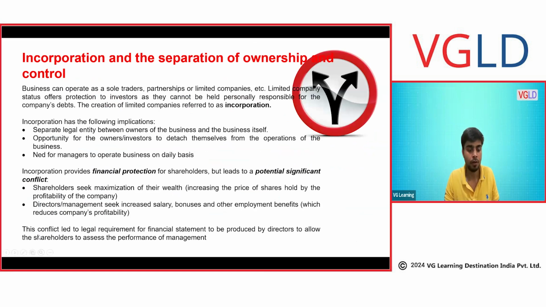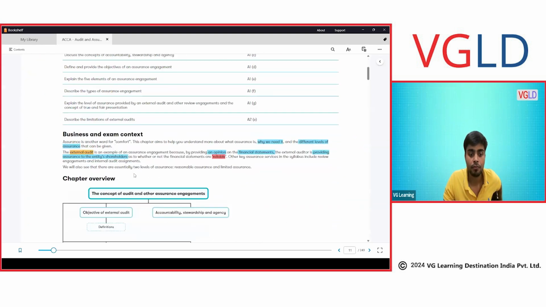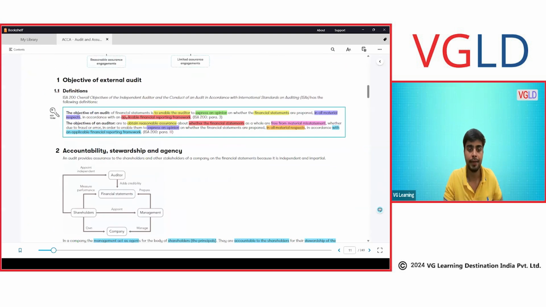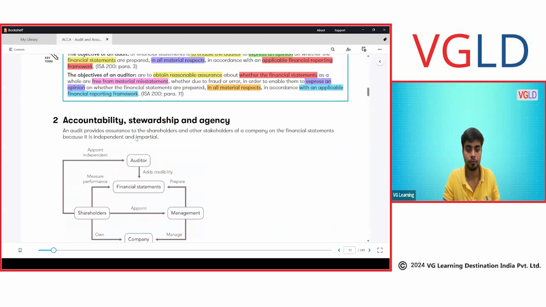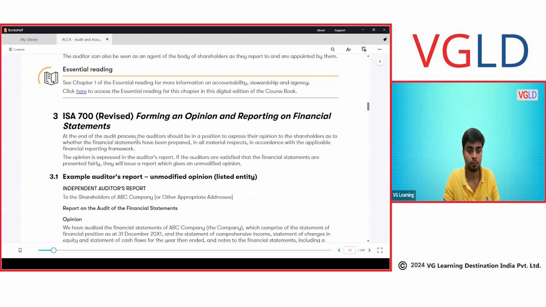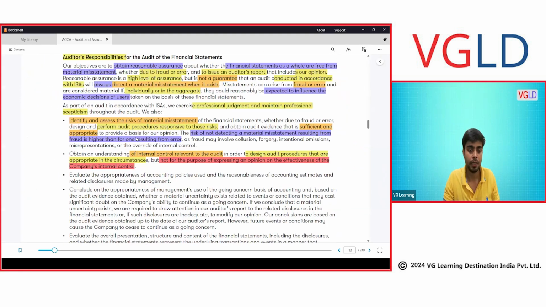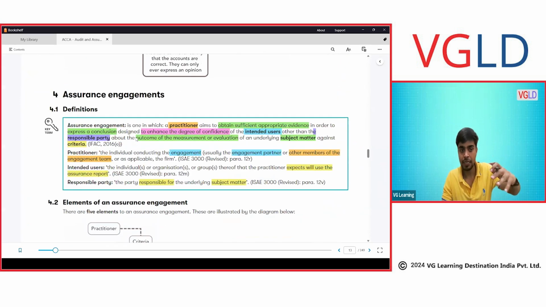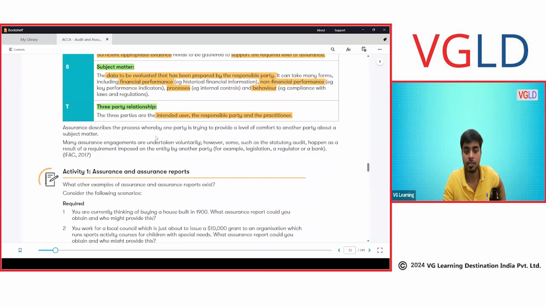Let me just also add here. So, right. Auditor's opinion, materiality, reasonable assurance. This was assurance engagement till chapter number one, assurance engagement, element of assurance engagement.